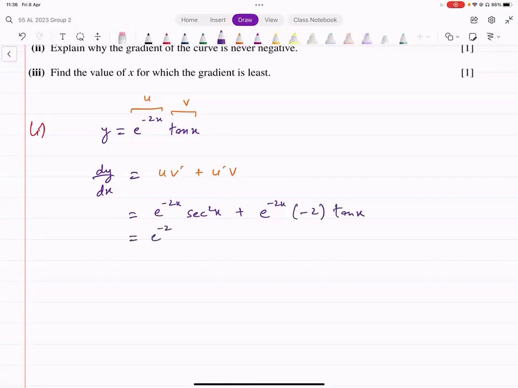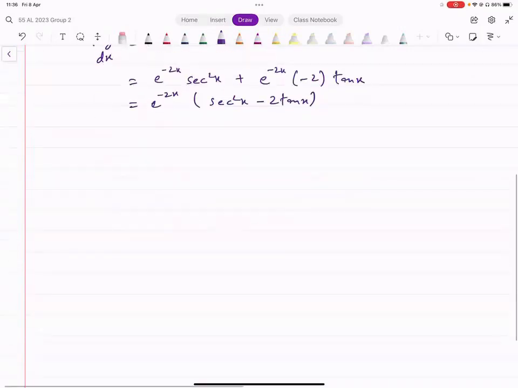Now this gives us e raised to power minus 2x common, and we have secant square x minus 2 tan x. Secant square को आप tan में convert कर सकते हो.